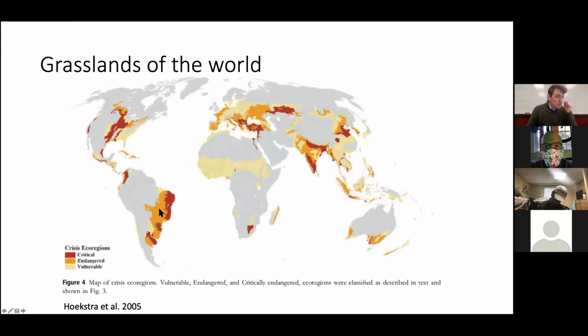So this map just shows you the relative threat to the native ecosystems for the grasslands of the world. And you can see that here in North America, it's all dark red because it's almost all converted to agriculture. Something like less than 5% of our native prairie remains in the Great Plains region of North America.